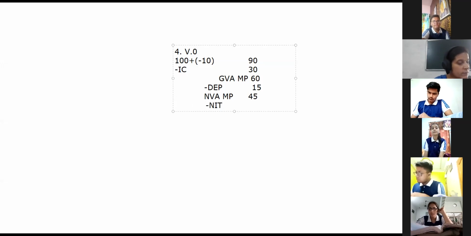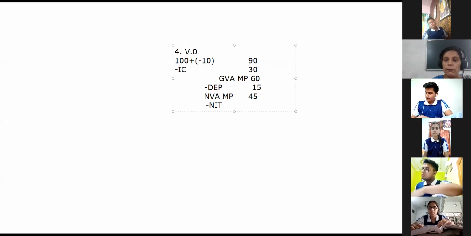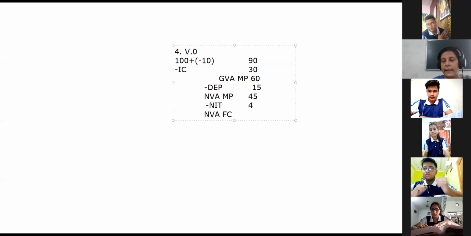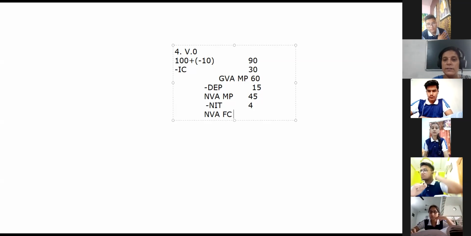Net indirect taxes we will calculate as indirect tax minus subsidies. Indirect tax is 5 and subsidies are 1. So 5 minus 1, it comes out as 4, and we will get the answer NVA or NDP, एक ही बात है, NDP D means domestic, NVA or NDP at FC as 41 crores.